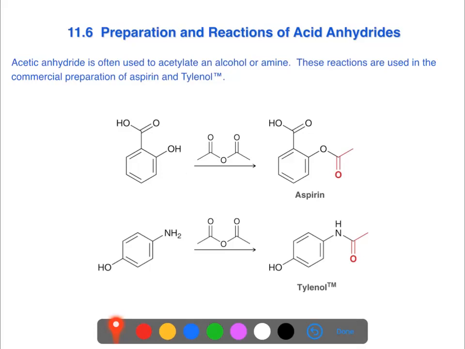Similarly, if we take a para-aminophenol and react it with acetic anhydride, we acetylate the amino group to give us our target compound, which is commercially produced as Tylenol or paracetamol.